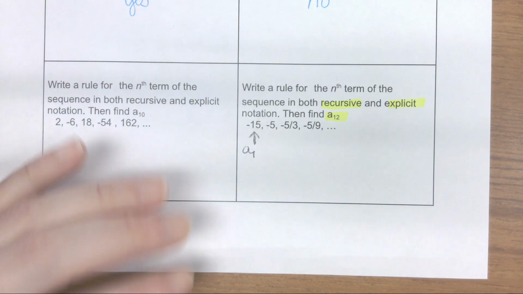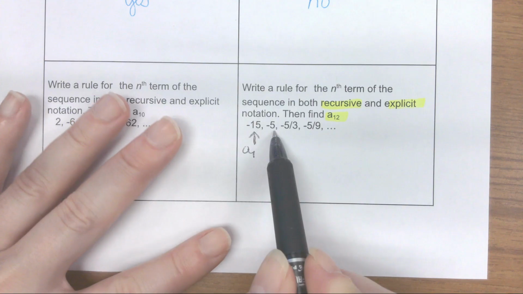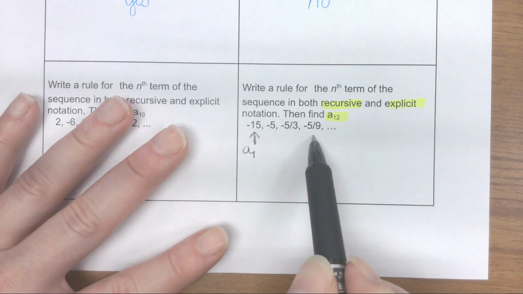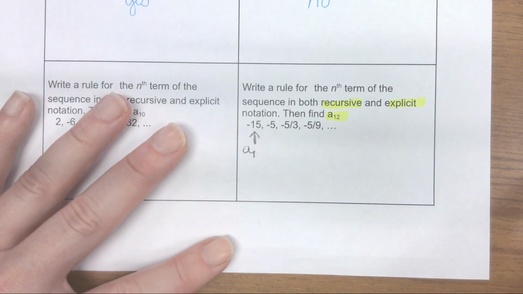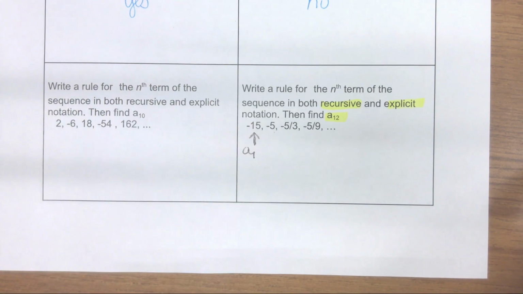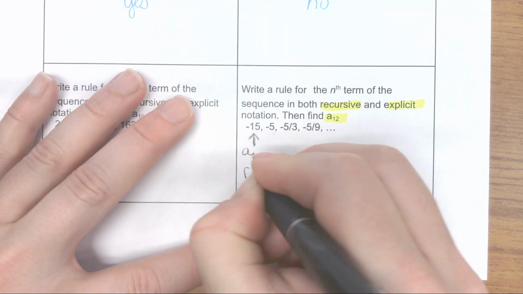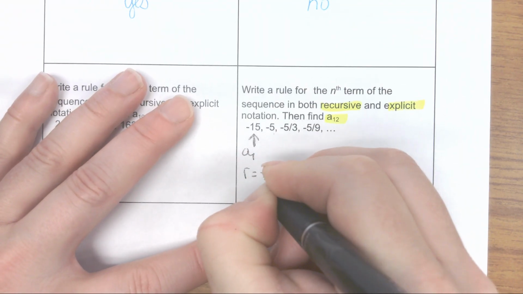So we go from -15, then to -5, to -5/3, to -5/9. Jones says they're multiplied by 1/3. Divided by 3 is the same thing as multiplied by 1/3.